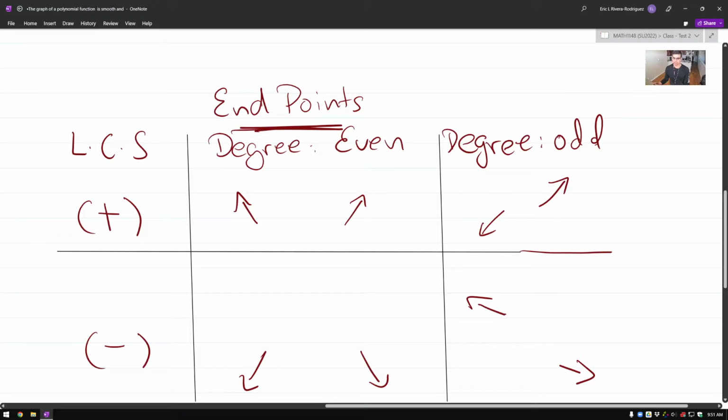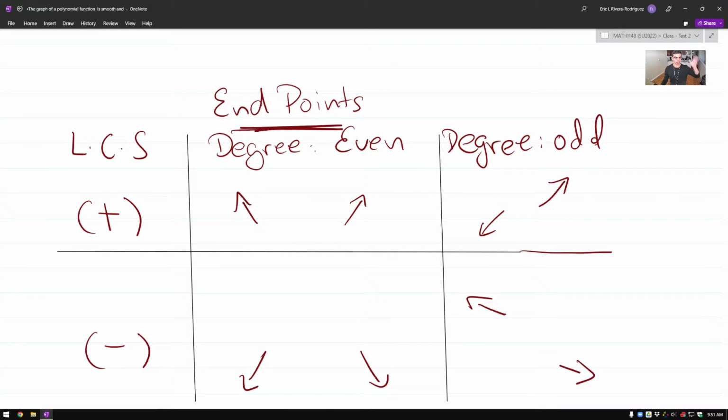The degree and the leading coefficient will determine the endpoints of a polynomial function.